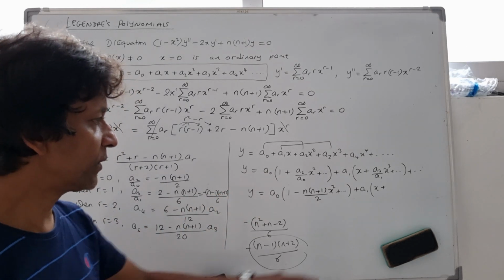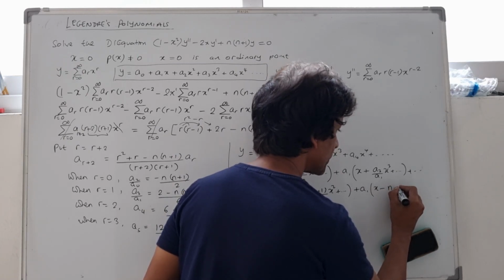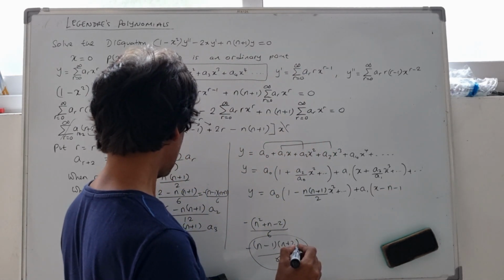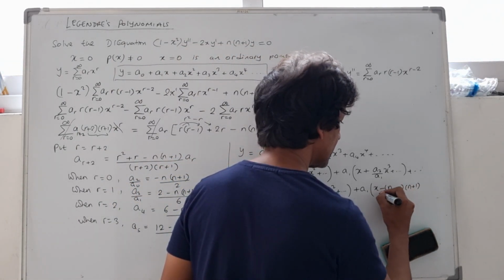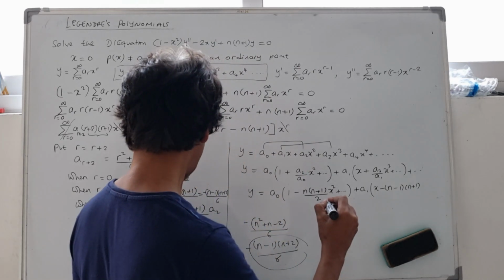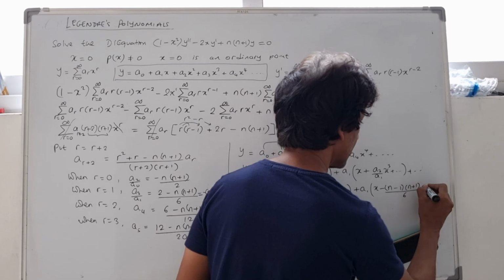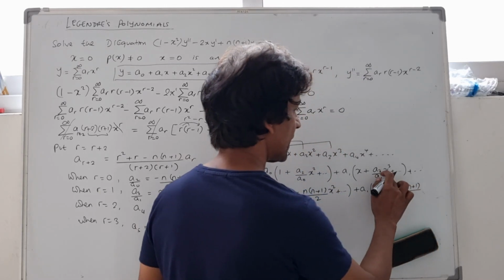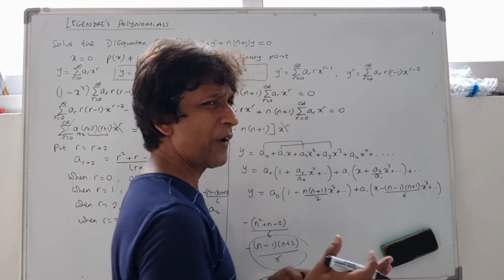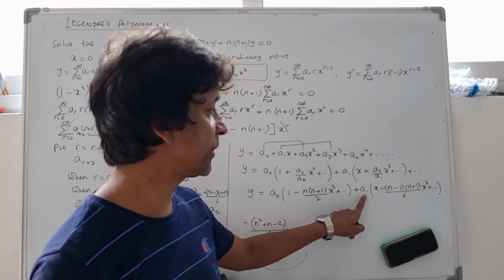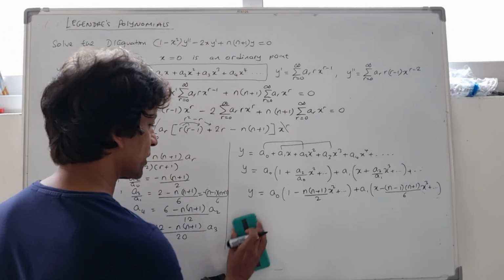So basically now this plus is going to become minus n minus 1, and then into n plus 2, all of that being divided by 6, and I've got my x cubed plus. Now you could have factored x outside if you wanted, but I want to put the constant outside. So basically that's my general solution to this differential equation.